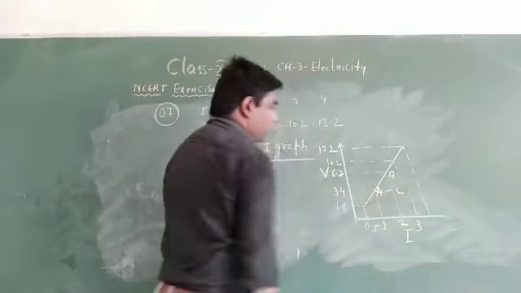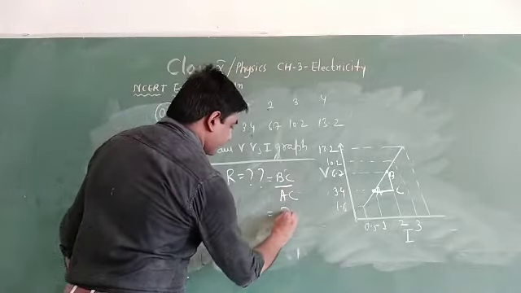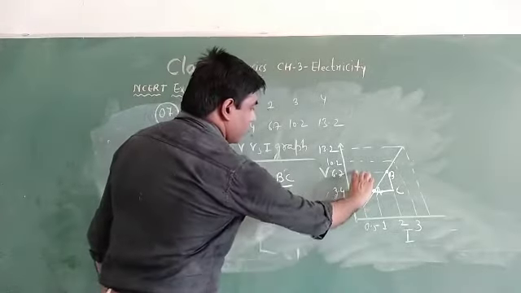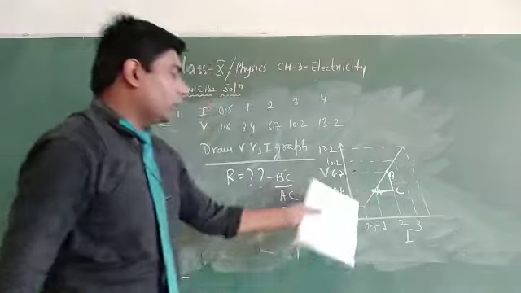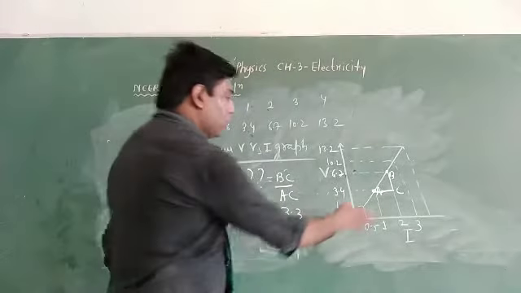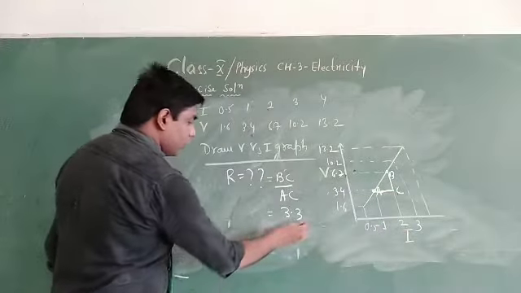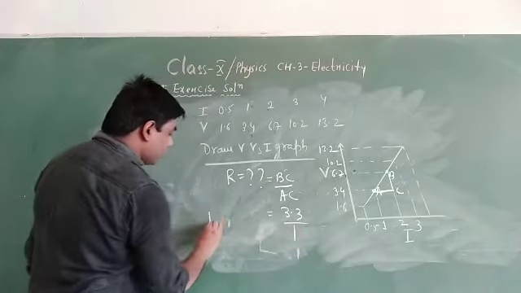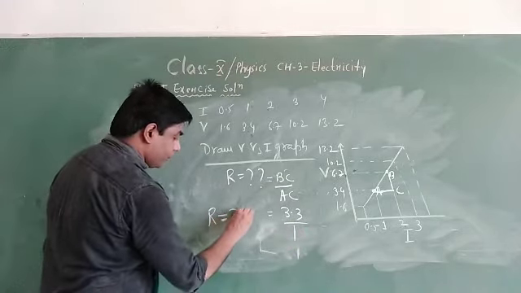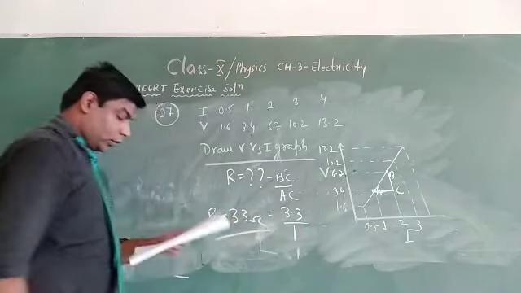Now see, this BC is how much? 6.7 minus 3.4, that is equal to 3.3. And here, AC is equal to how much? 2 minus 1 is equal to 1. So R is 3.3 ohm. Right?